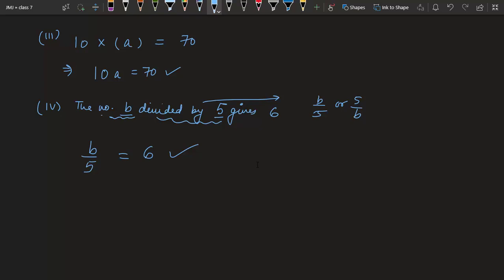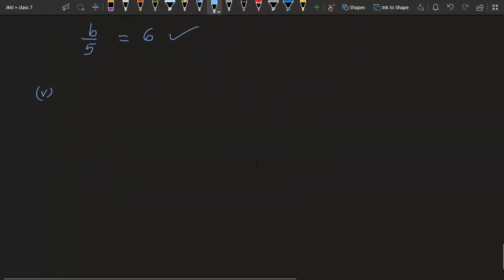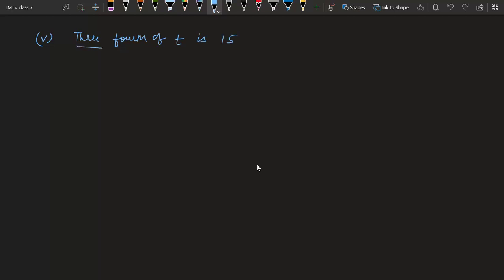Now the fifth part. 3/4 of t is 15. If you understand, 3/4 of a particular thing is equal to 15. So 3/4 means 3 upon 4 multiplied with something is equal to 15, and this something is actually t given to us.